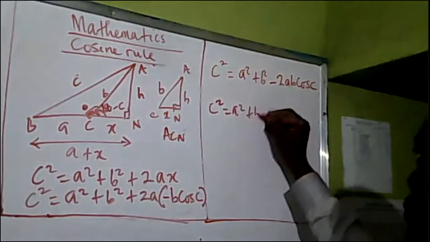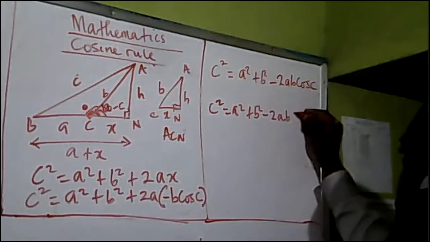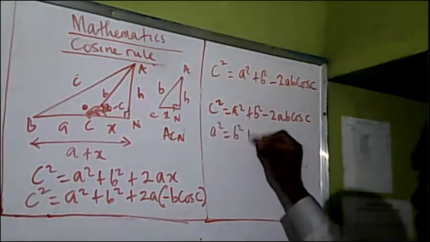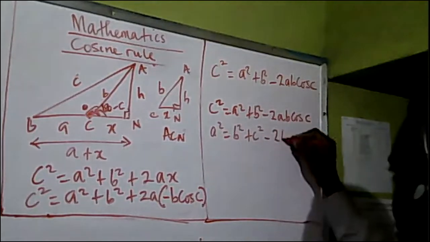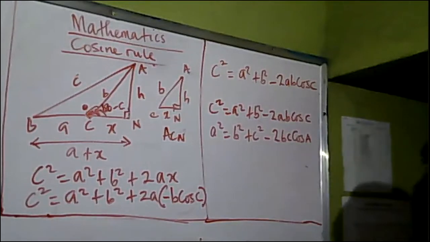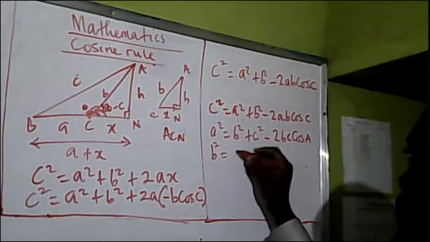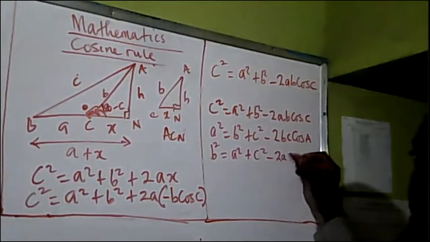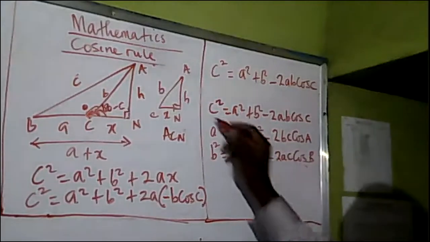A square plus B square minus 2AB cos C. Also, A square is equal to B square plus C square minus 2BC cos A. So what's the pattern here? Let's finish with B. B square is equal to A square plus C square minus 2AC cos B. So this is it.